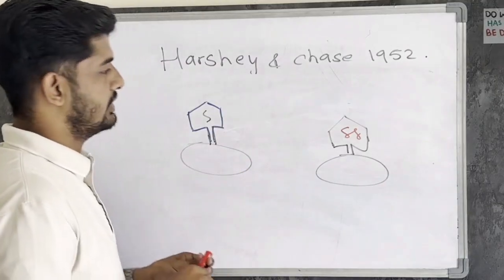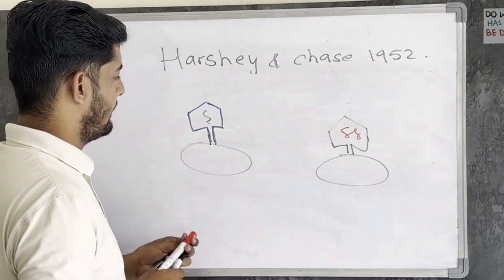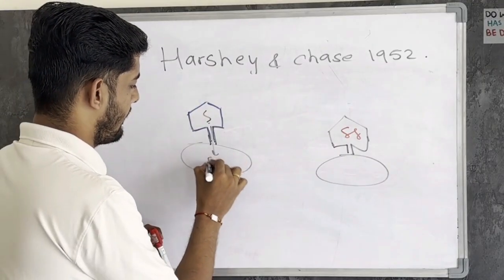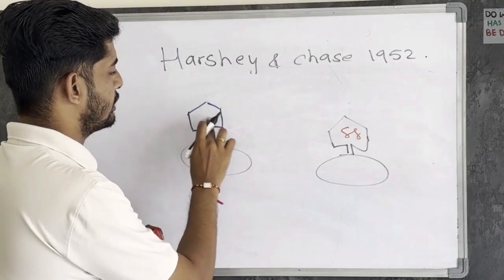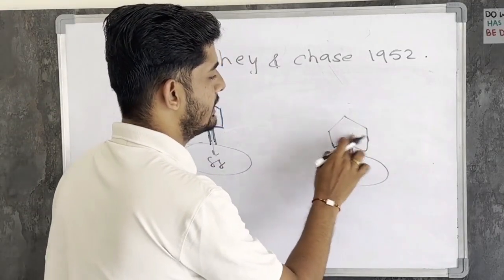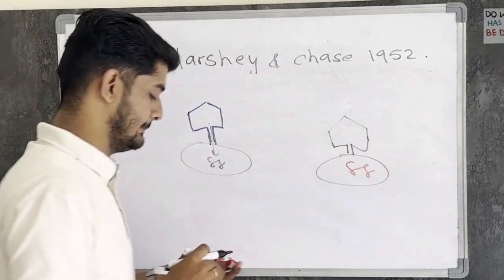Now both infections will occur. Now this DNA will be inserted in this E. coli. After its insertion, only the protein coat will remain outside this cell, and the same here, this DNA will also be injected in the bacterial cells.